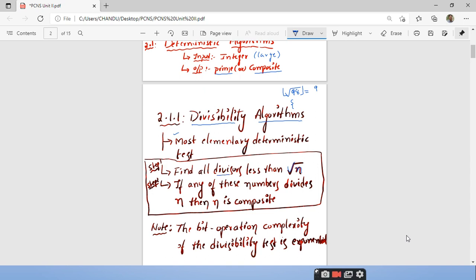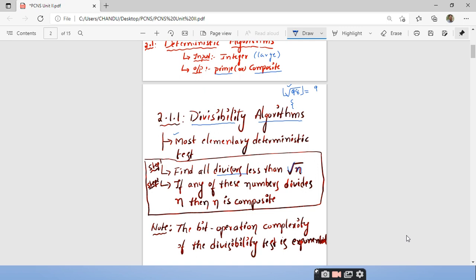So basically the divisibility algorithm says that we have to consider all the numbers which are smaller than the square root of n. If any of these numbers divides n, that is 98, then we say that it is composite. Otherwise we say that it is a prime number. This is the basic divisibility algorithm.